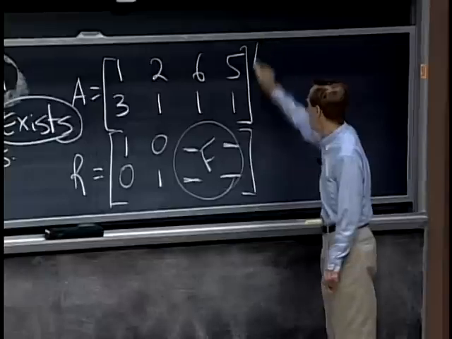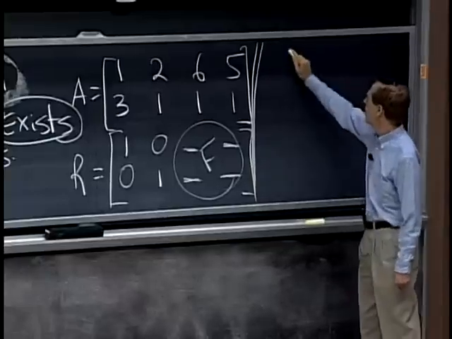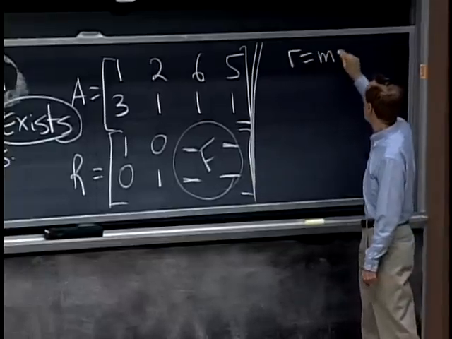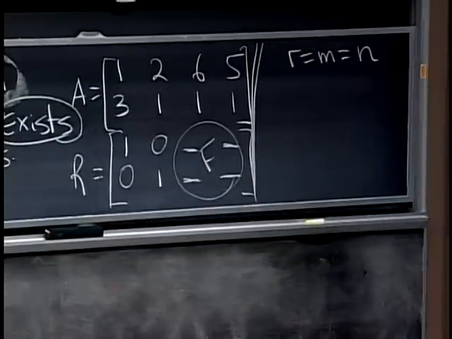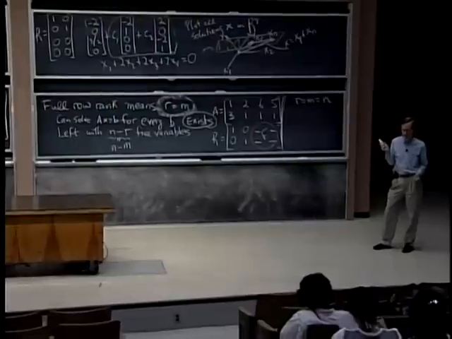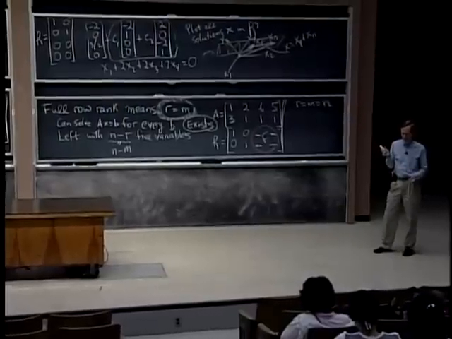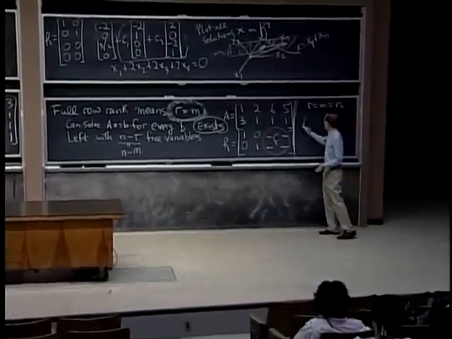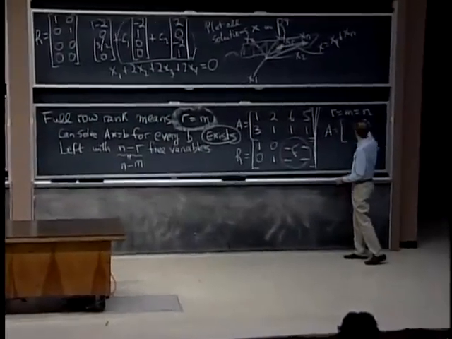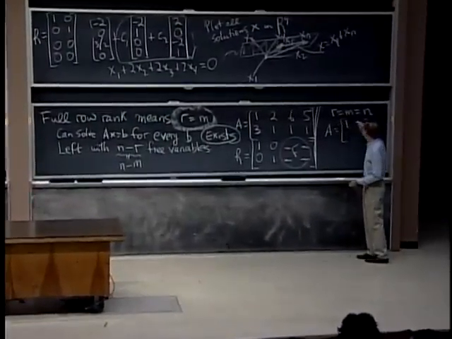Now, finally, I've got a space here for R equal m equal n. I'm off in the corner here with the most important case of all. So what's up with this matrix? Let me give an example. Okay, brilliant example. 1, 2, 3, 1.